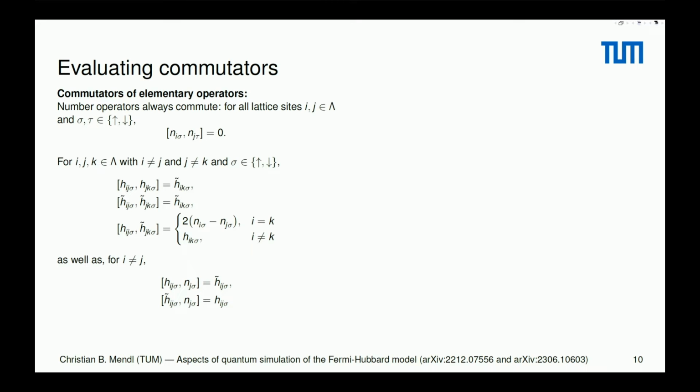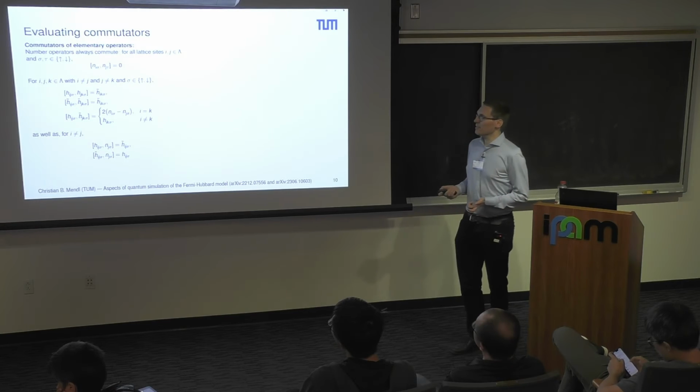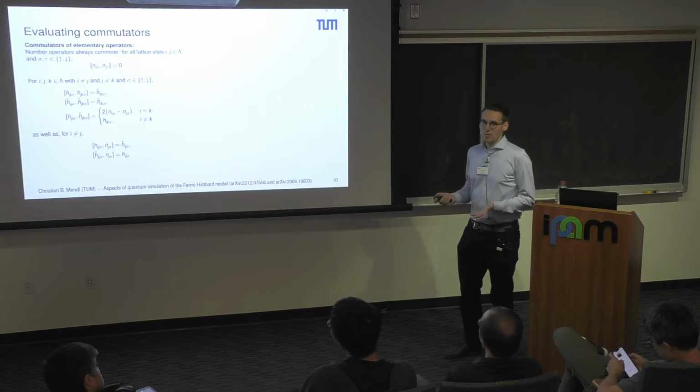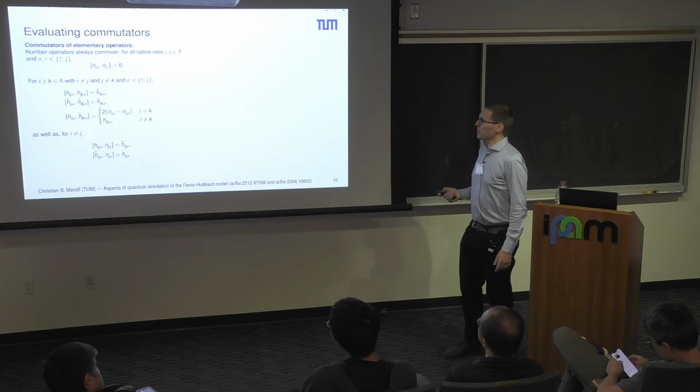The nice thing, which is maybe not obvious, is that if you nest them, this is still a closed system in terms of sums and products of these number operators and hopping operators. So we'll never fall out of this; you could call it the algebra of these operators.